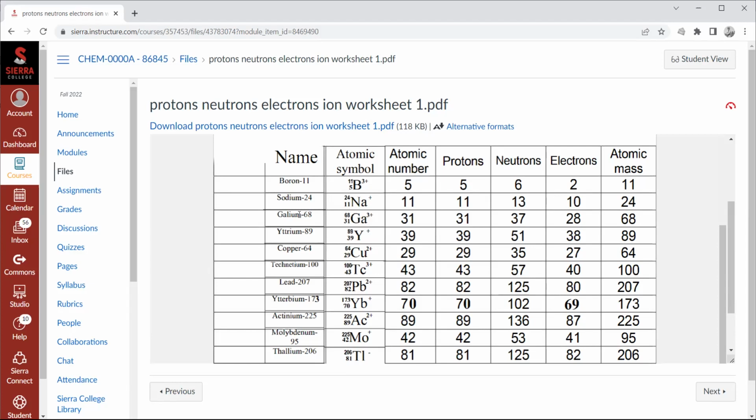Okay, one sheet is ions, the other sheet is neutral. Now, if I don't tell you it's an ion, assume it's neutral. Okay, so does this make sense? Okay, good.